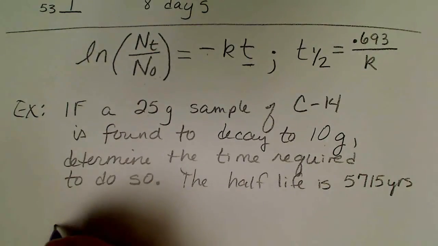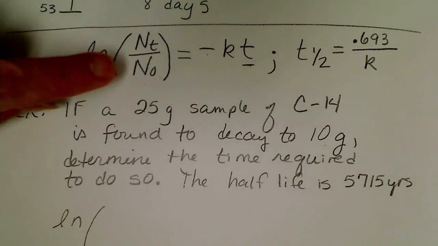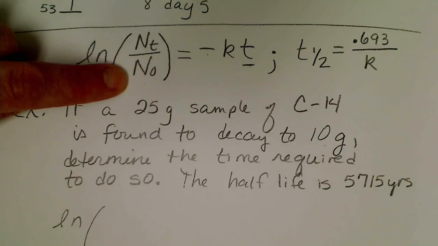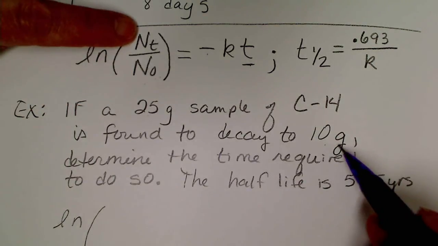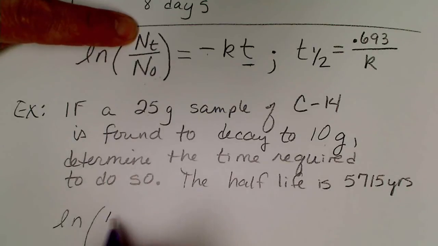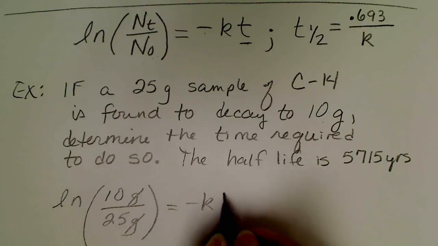If I just plug those values in, the natural log, and the initial mass goes on the bottom and the final mass goes in the numerator. So this is 10 grams divided by 20 grams. Our units need to be consistent there. Equals negative kt.